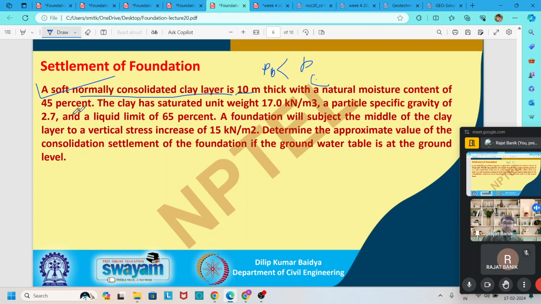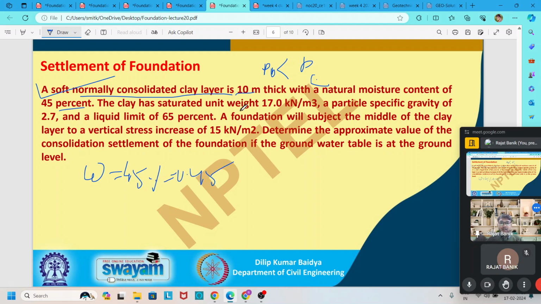Natural moisture content W is given as 45%, that is 0.45.